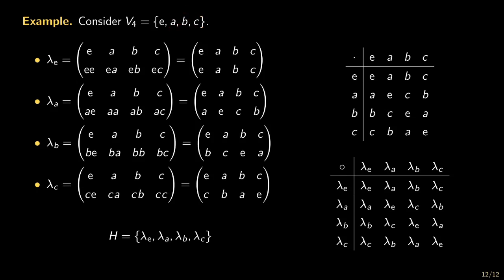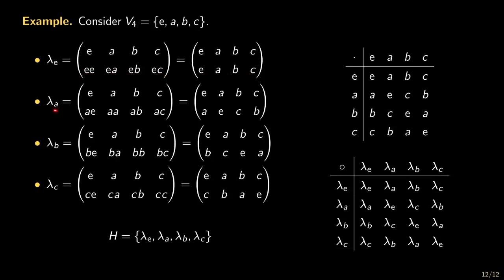So what am I saying? For example, what do you mean by lambda E? Lambda E is a permutation on the set, that's why E, A, B, C are present here, so that you get the image by multiplying everything by E on the left. Now this multiplication is happening in V4. EE, EA, EB, EC is just E, A, B, C once again, respectively.